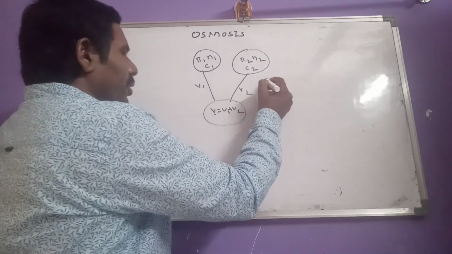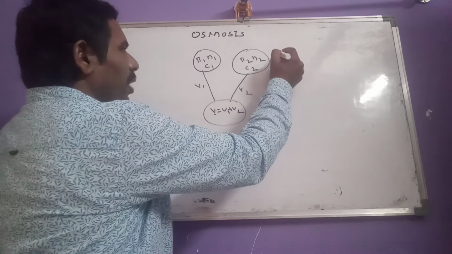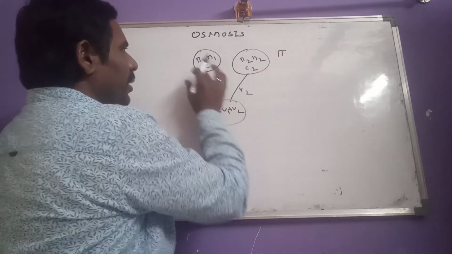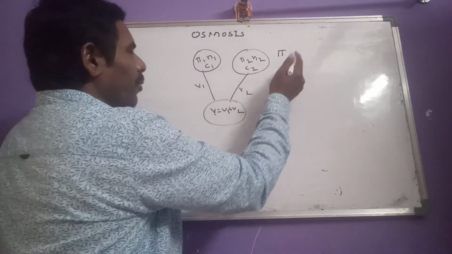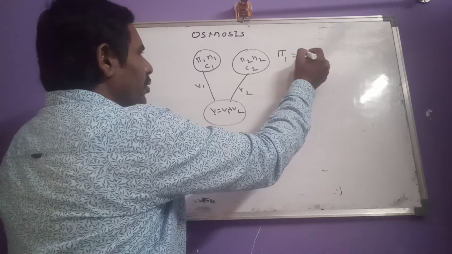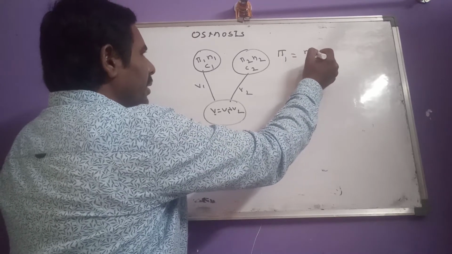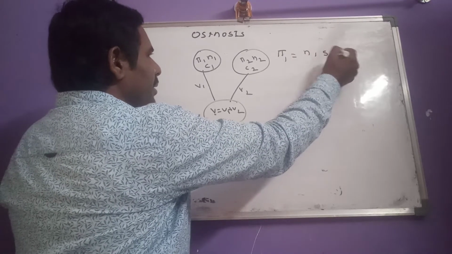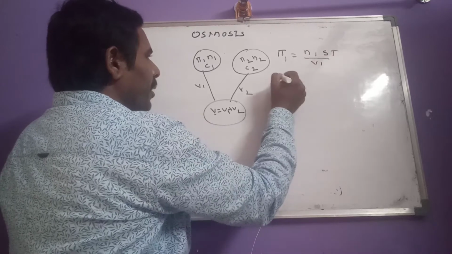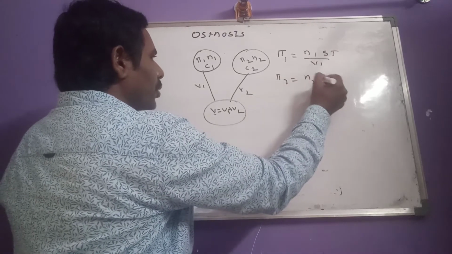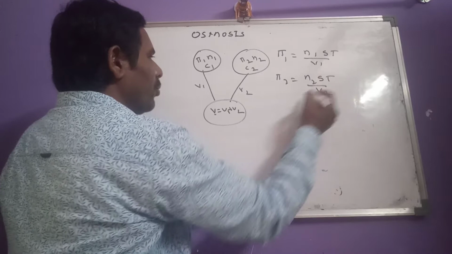Therefore, to calculate that, first we have to write individual osmotic pressure formulas. So pi 1 equals n1 ST by V1, pi 2 equals n2 ST by V2.